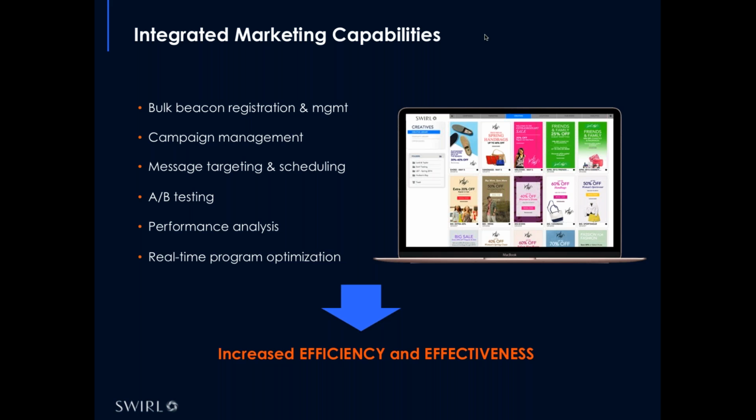And so doing it manually is not really an option for retailers that want to do this at scale. They need a much richer set of automated capabilities and tools to do that. And that's really what a marketing services layer like the Swirl platform provides to help drive increased efficiency and effectiveness.